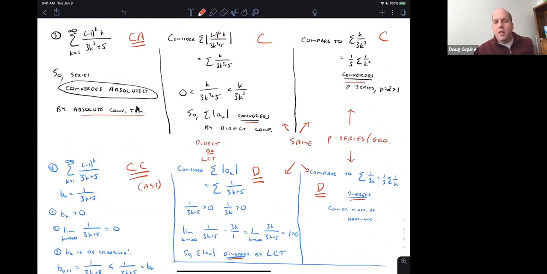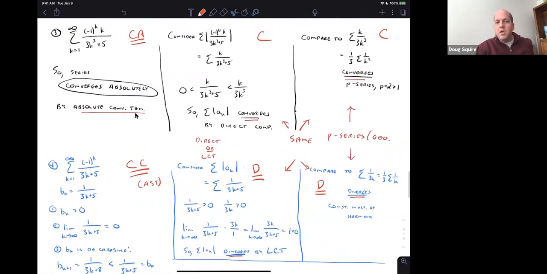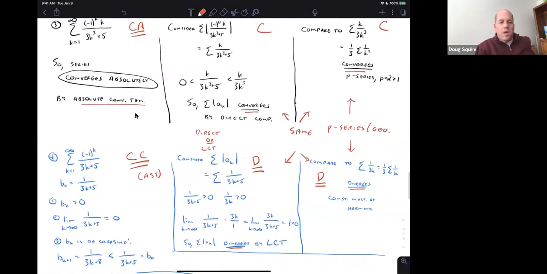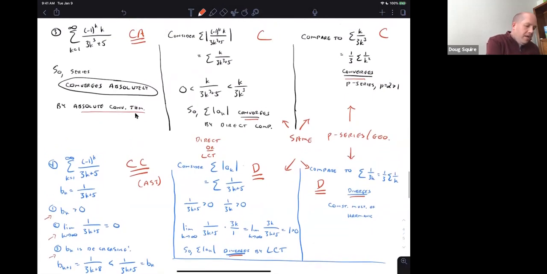Okay, now let's talk about a couple things with the alternating series test. So one thing is these three conditions would be true up here. So you could use the alternating series test on problem 3. Why would we not need to use the alternating series test on problem 3?